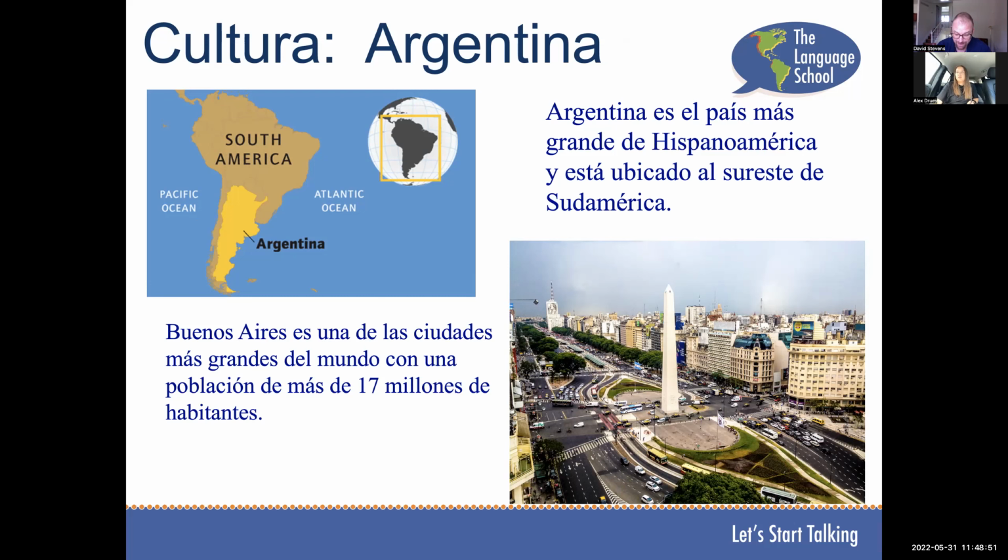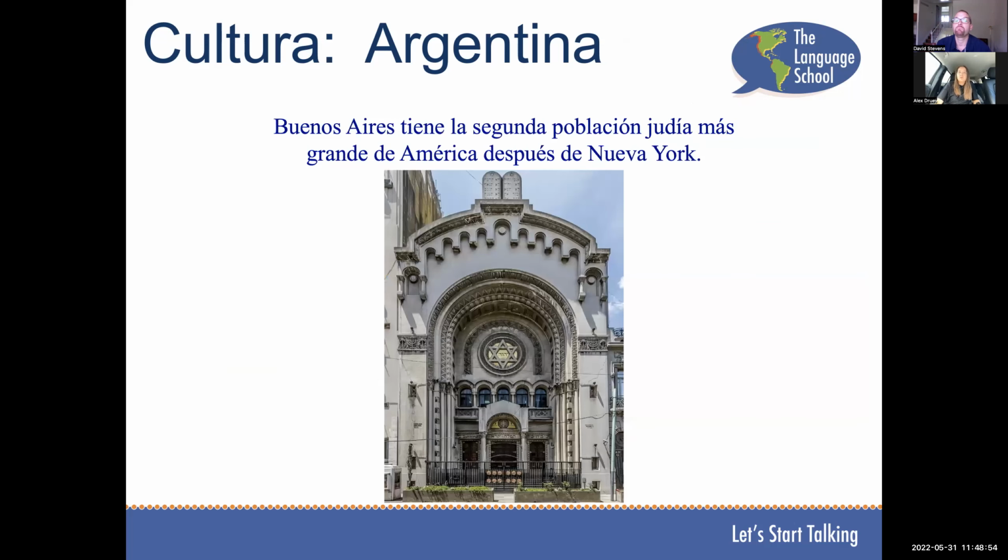Buenos Aires tiene la segunda población judía más grande de América después de Nueva York. You have to read it kind of backwards.